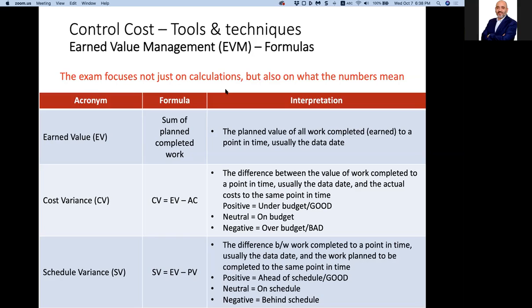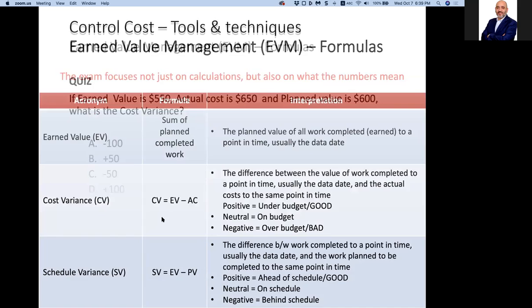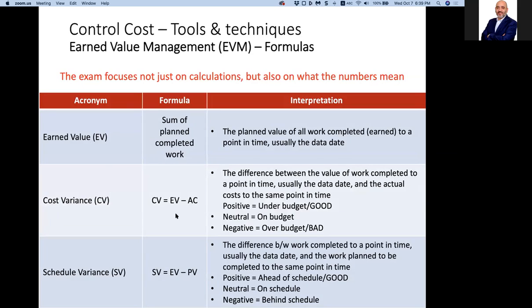Okay, but we know from now that we saw 2 formulas plus 2 indices formulas, so they became 4. From these four, if I reverse them, I can find the earned value. So if the exam gives me that the cost variance came to $150,000 and the actual cost we spent was $200,000, what is the earned value? You reverse the formula: earned value equals cost variance plus actual cost.